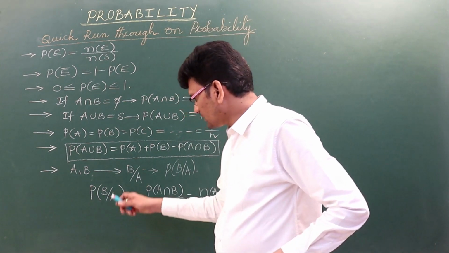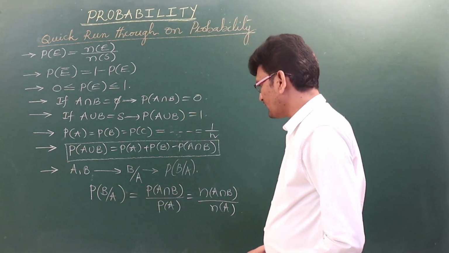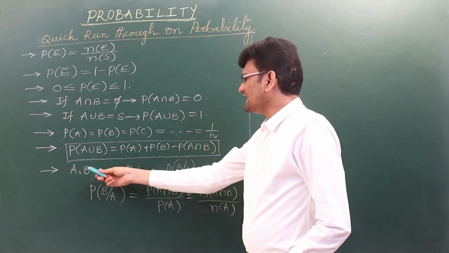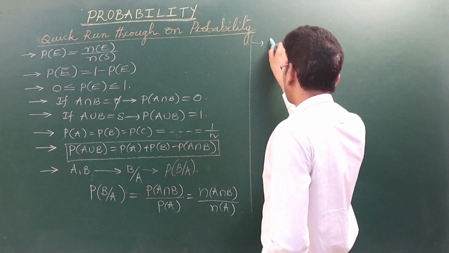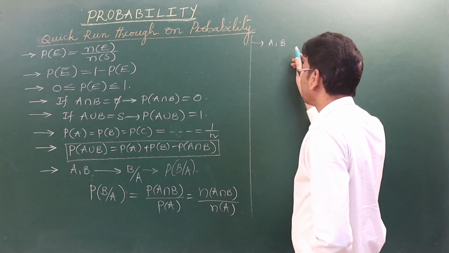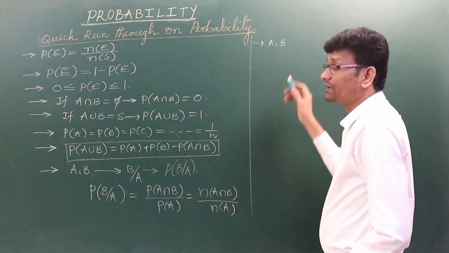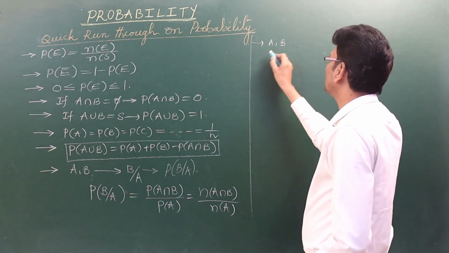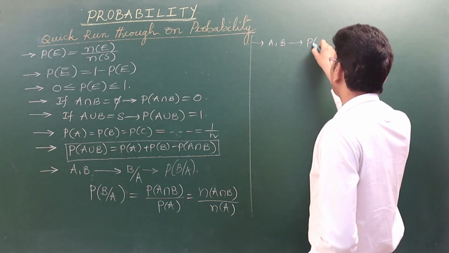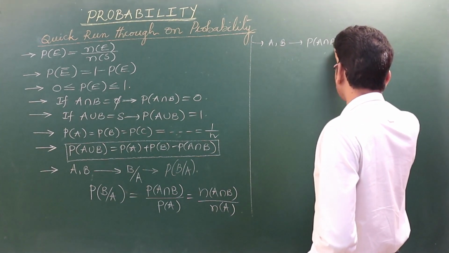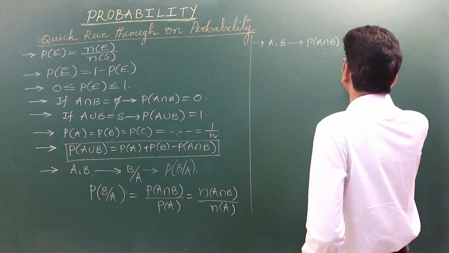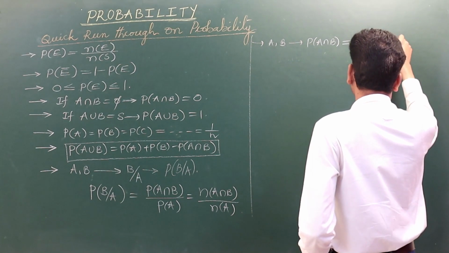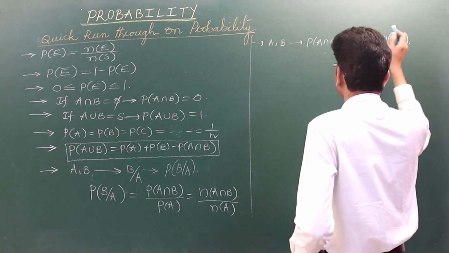Okay. Now after knowing the conditional event, what is the multiplication theorem? Let A, B be the two events of the random experiment with sample space S, then the probability of happening both A and B is denoted by P of A intersection B and it is defined as P of A into P of B given A. This is the multiplication theorem.